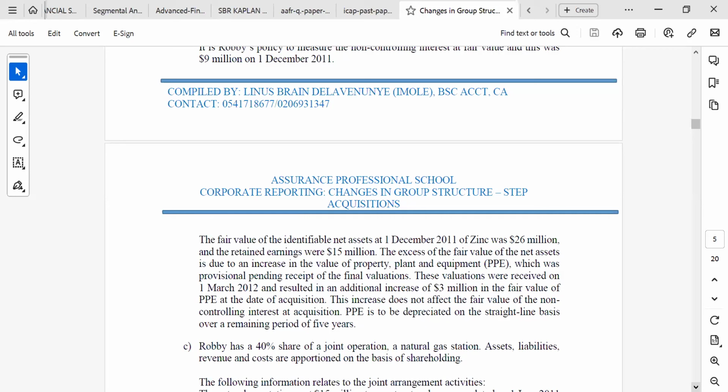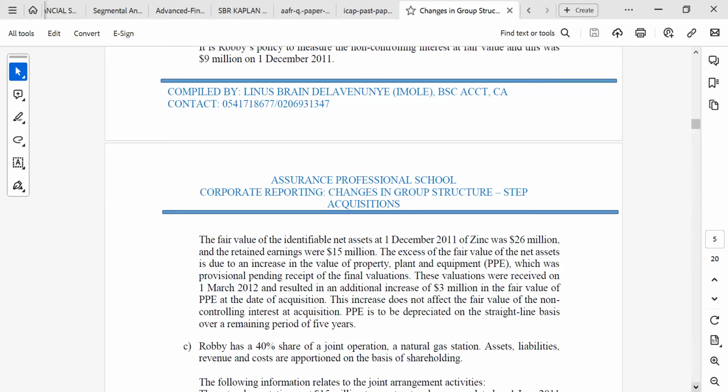These valuations were received 1st March and resulted in an additional increase of 3 million in the fair value of PPE at the date of acquisition. This increase does not affect the fair value of the non-controlling interest at acquisition. PPE is to be depreciated on a straight line basis over a remaining period of 5 years.